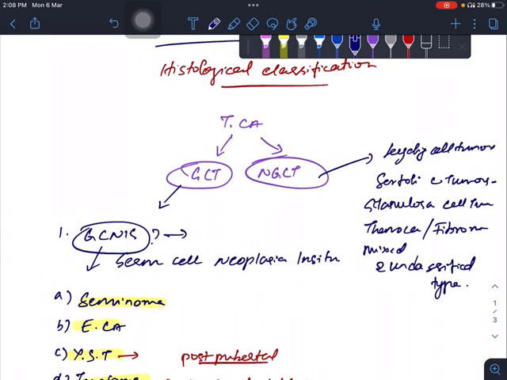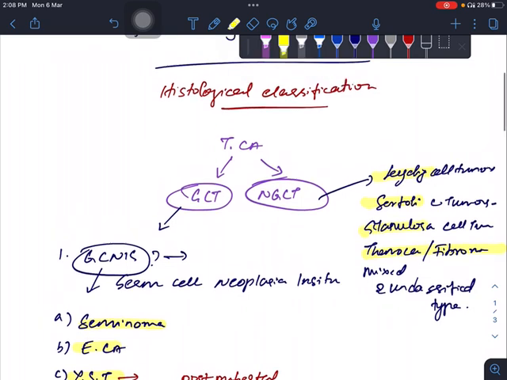So the non-germ cell tumors are the Leydig, Sertoli, granulosa cell tumor, thecoma, fibroma. And then comes the mixed and undifferentiated type.